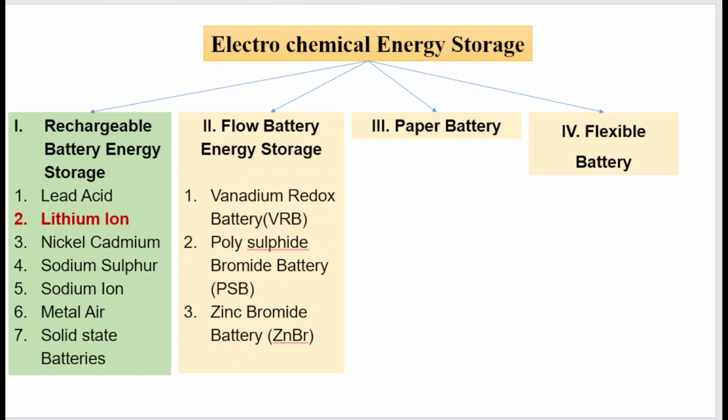So electrochemical is basically chemical reactions that produce electricity, like the batteries. Flow battery is also an important example. It is very promising, but at present its efficiency is very low, so it is not able to participate in the tenders which are floated for energy storage systems, and also it is not economical at present.